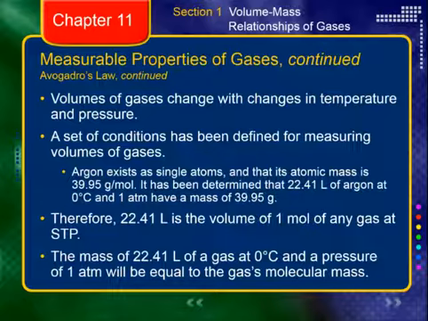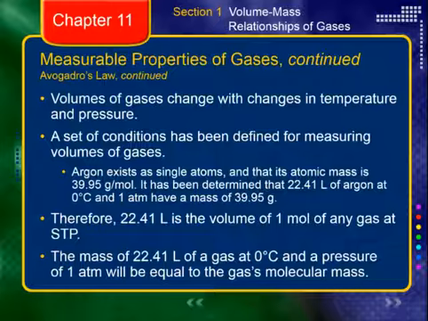Okay? Now this is at standard temperature and pressure, 0 degrees Celsius and 1 atmosphere of pressure. But 1 mole of argon, which is 39.95 grams of argon, took up 22.41 liters of volume. Therefore, that number, 22.41 liters, is the volume of 1 mole of any gas at STP, right?